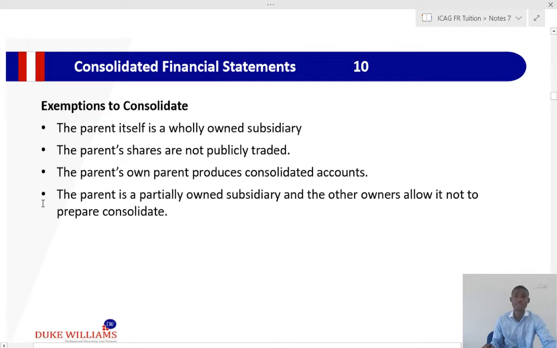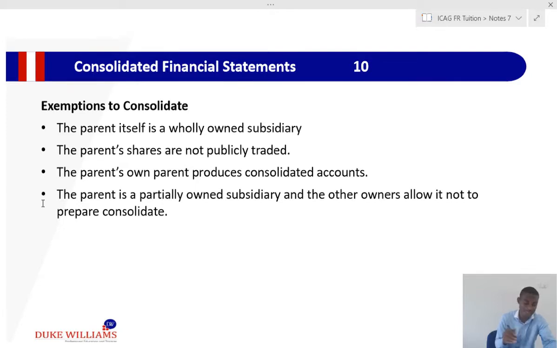Now there are specific exemptions under the IFRS 10 in terms of consolidation, where entity A ordinarily should consolidate B. Entity A can be allowed not to consolidate B for the following reason.